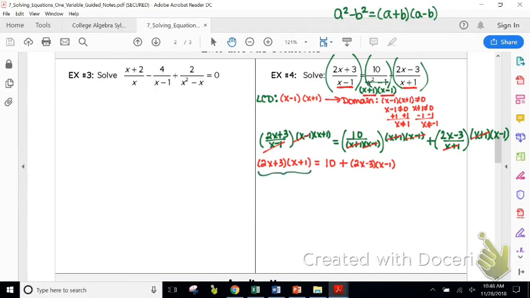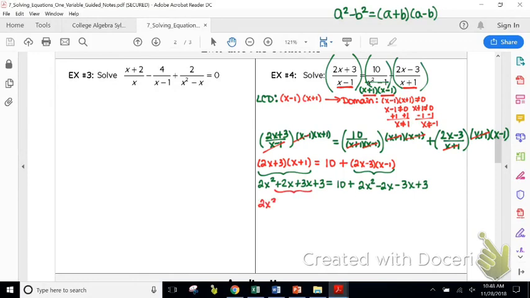I'm going to FOIL these two here first. I'm going to bring down my 10 plus, and then I'm going to FOIL those two. And then like before, let's combine like terms.